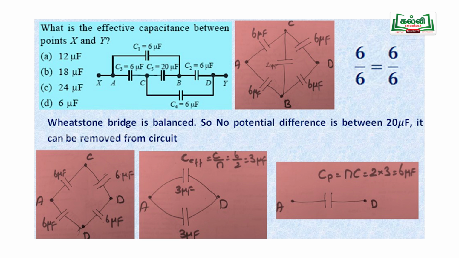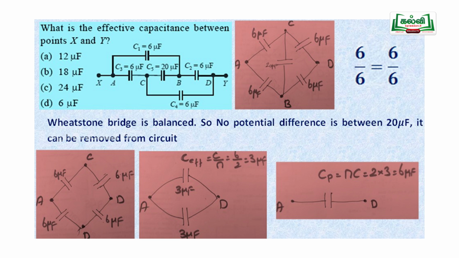Now you see these two are connected in series. Instead of a single capacitor, I have two capacitors of equal value. Cs is equal to C by N, 6 by 2, which is nothing but 3 microfarad. Look at these two, they are also connected in series, so Cs is equal to C by N, C value is 6, 2 capacitors, 6 by 2, which is nothing but 3.